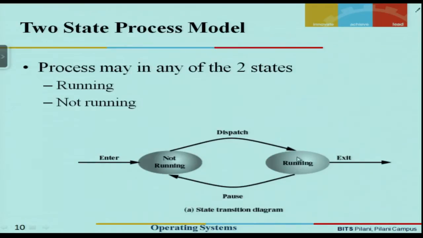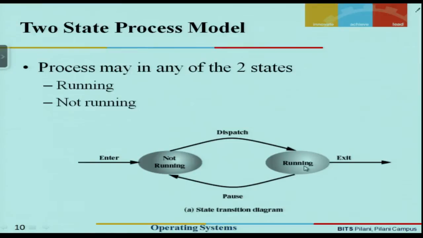On the CPU this process would execute for some period of time, and it is possible that the process would complete its execution. When it completes its execution, it will exit from the system. There are chances that while this process was executing, the process might request an IO service, and it might get blocked.